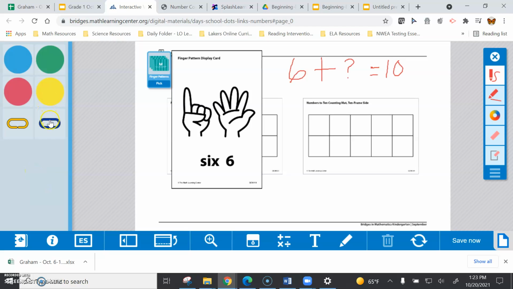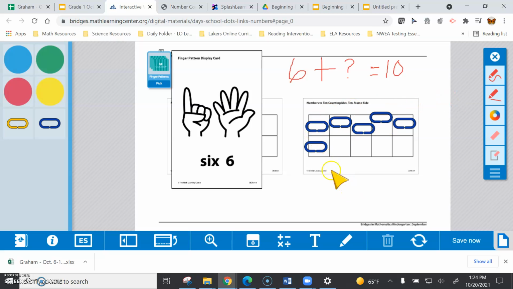We had 6. 1, 2, 3, 4, 5, 6. If we had 6, how many more links would we have to put on here to equal 10?